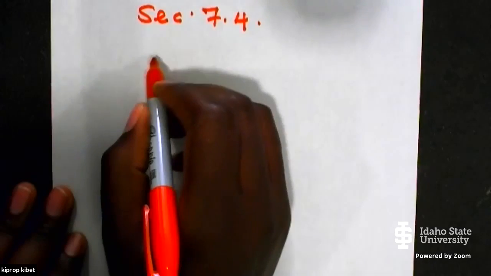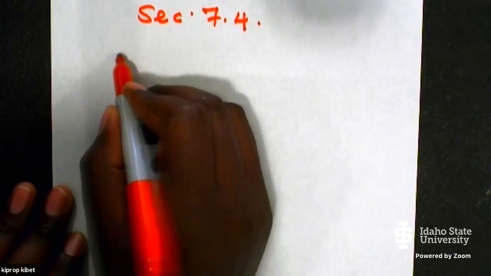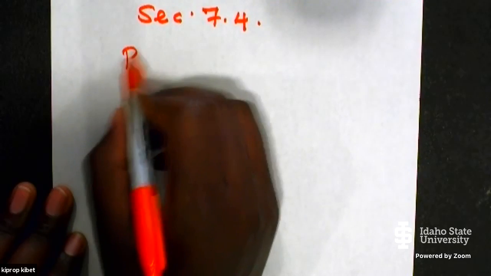So in section 7.1, we talked about the rational expression, which was P all over Q.